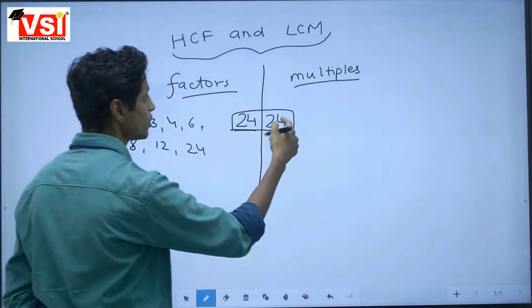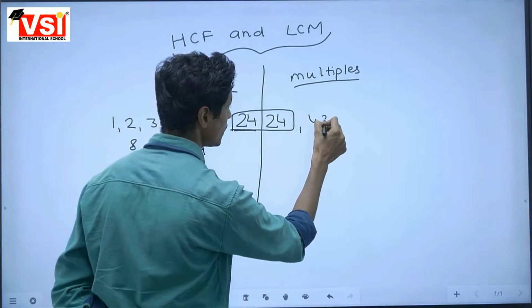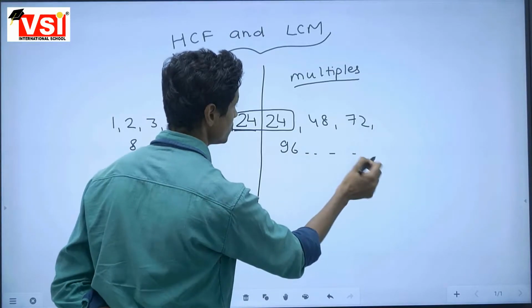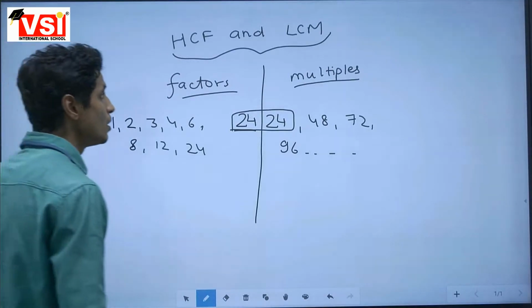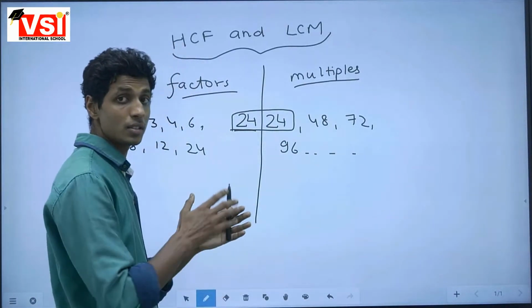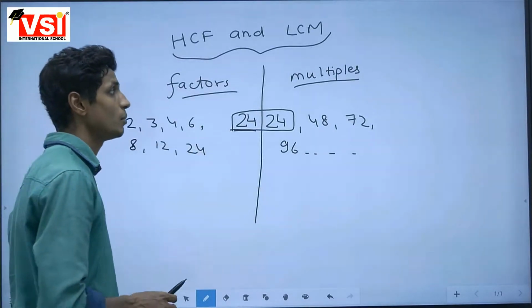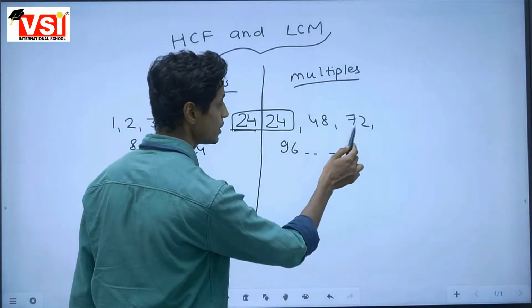And if we talk about multiples of 24, then 24, then 48, then 72, then 96. How have we written that? Multiples of any number are the series of numbers which are divisible by that number of which we are finding the multiples, right? 24 divides 48, 72, 96.